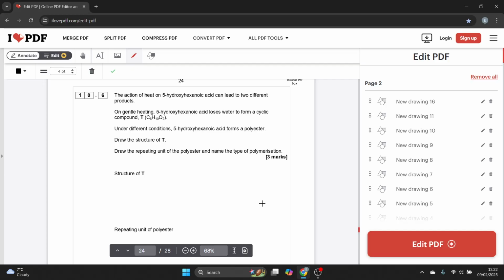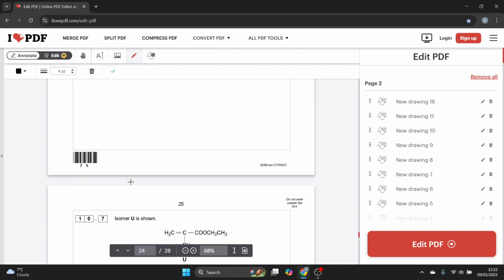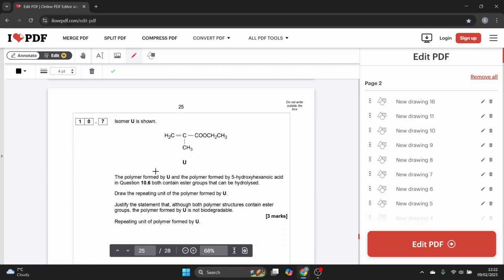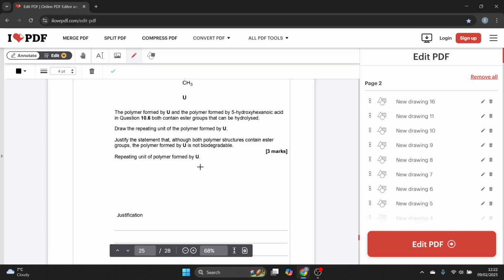It forms a polyester or a structure of T. I probably can do that, but I'm going to leave that one out because all of these are somewhat the same thing.